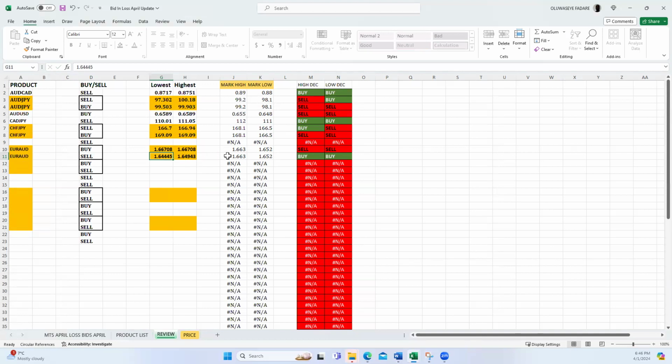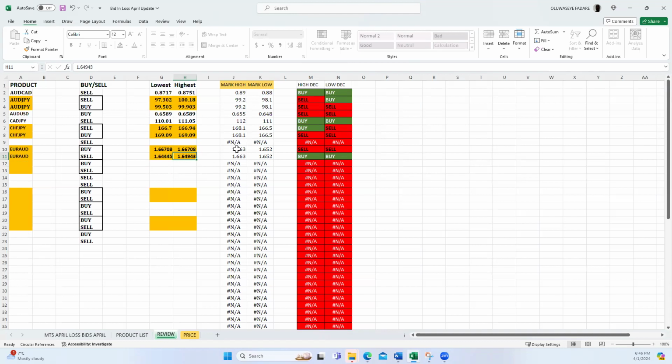So what does this mean? Since both of them have the same information on both sides, the next control point is this: for the sell, we are going to take the highest point of the sell, which is 1.649, and then the highest of the buy as a buy.